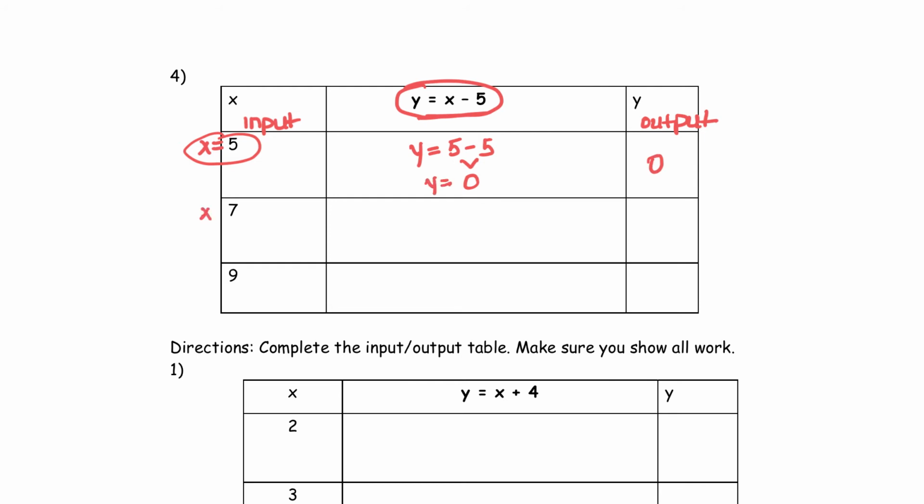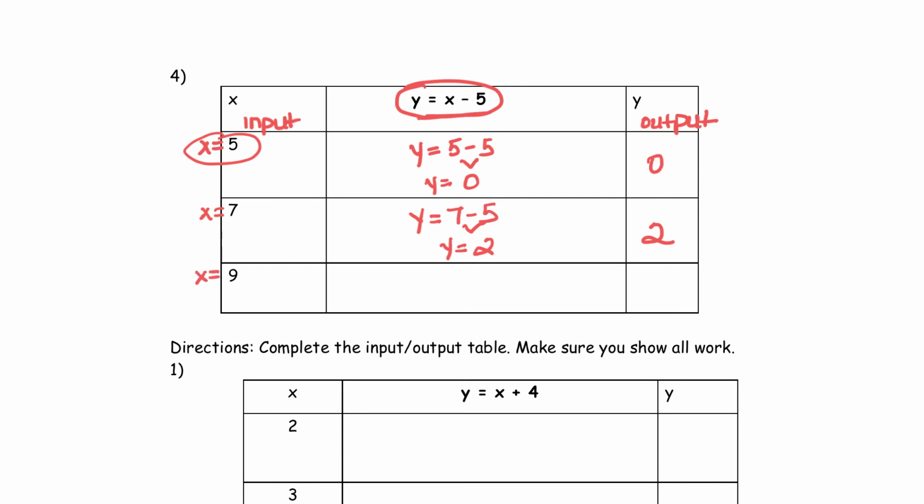When x is equal to 7, we substitute now. It's y equals 7 minus 5. So we do the math, 7 minus 5, so y is equal to 2. So we put 2 here. Next one, x is equal to 9.